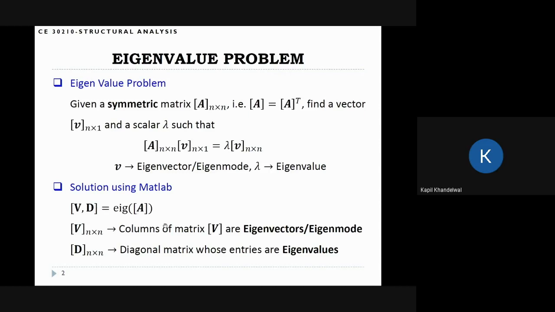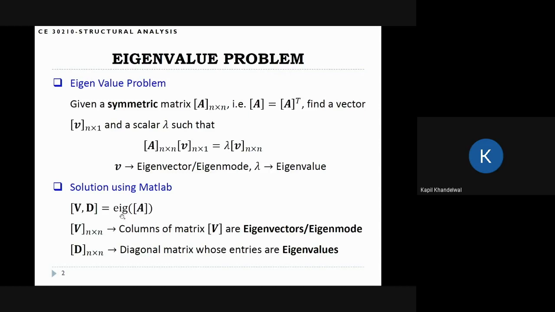In our class we are going to use the function eig. This is an inbuilt function in MATLAB that can calculate eigenvalues and eigenvectors for us. The theory is very involved, so I don't want to go into the theory of eigenvalues and eigenvectors. If you end up going to graduate school, you will learn these concepts maybe later in your classes.